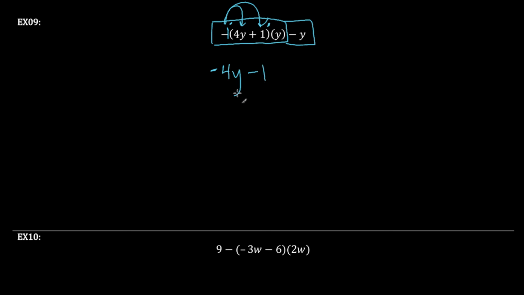I'm not done with this though. I have to multiply this times y. Now here's the thing. You have to multiply the entire answer. Negative 1 times 4y plus 1 gave you this whole answer. So I'm going to write this in parentheses to know that this is all together.